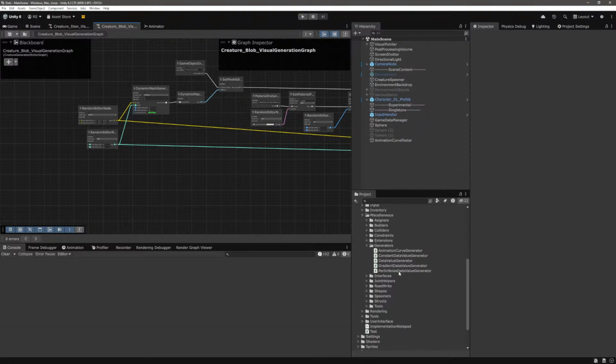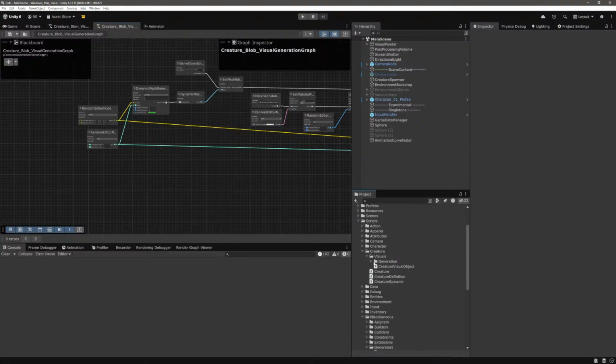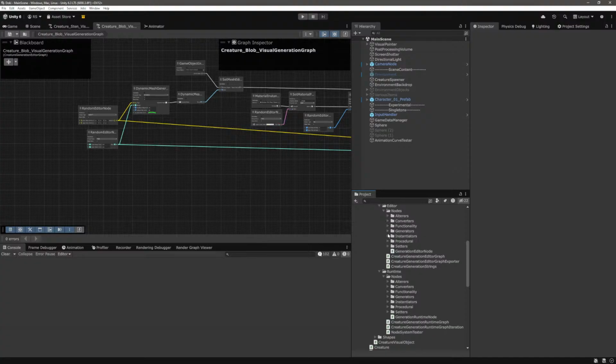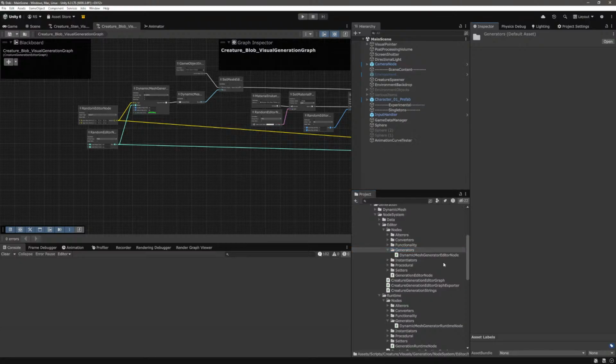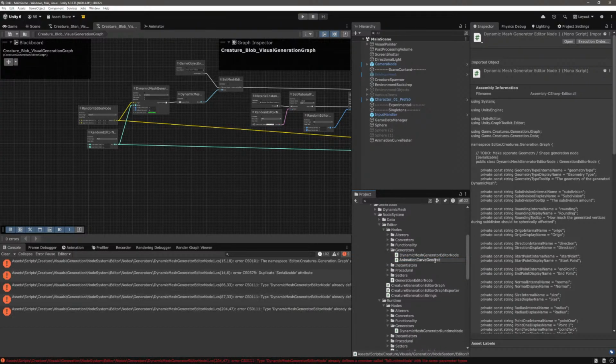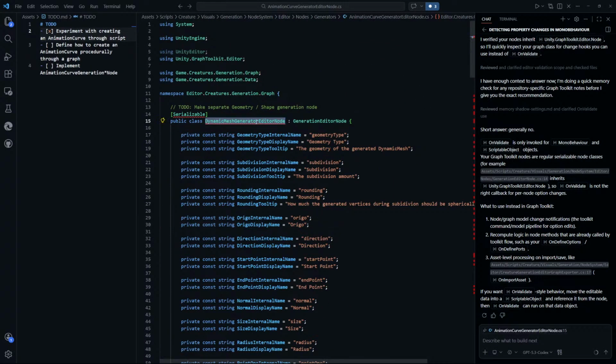Let's start with the editor. Okay, there we go.